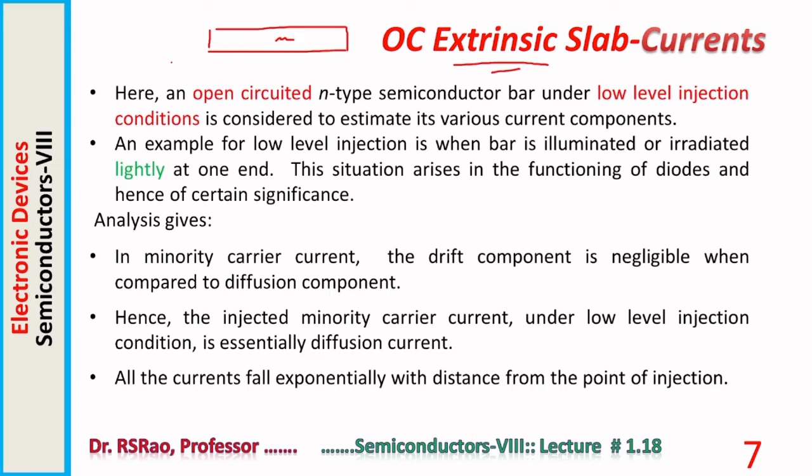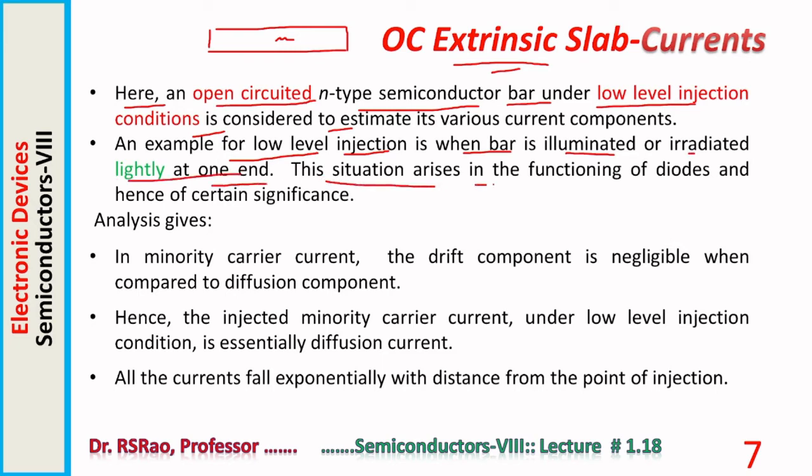These are useful for us in the derivation of the diode equation or Shockley diode equation. Here, an open circuited N-type semiconductor bar under low-level injection conditions is considered to estimate its various current components. An example for low-level injection is when the bar is illuminated or irradiated lightly at one end.